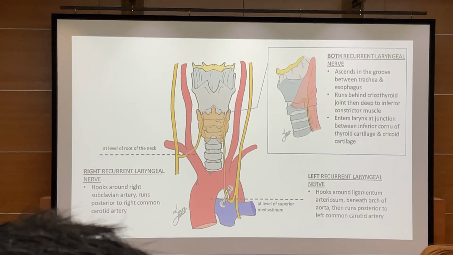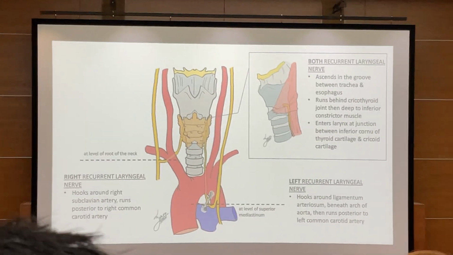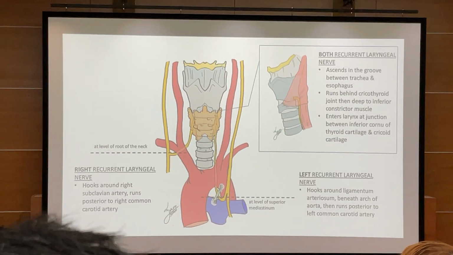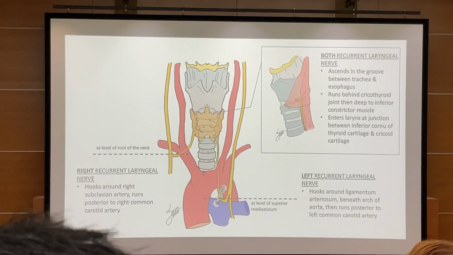For the left recurrent laryngeal nerve, it hooks around the ligamentum arteriosus just beneath the arch of the aorta, and then runs back posteriorly to the left common carotid artery. So if you can see, the course of the left recurrent laryngeal nerve is much longer. That's why it is more prone to injury compared to the right recurrent laryngeal nerve.